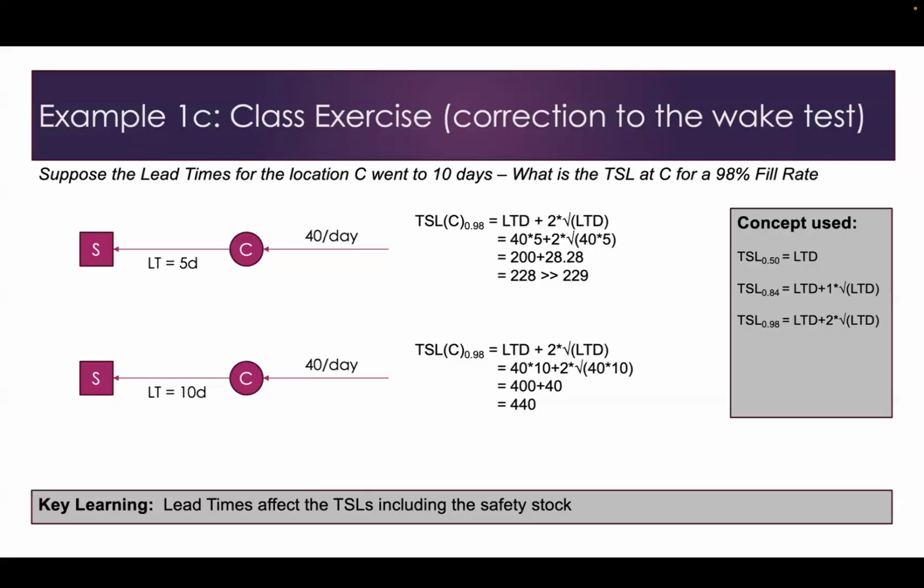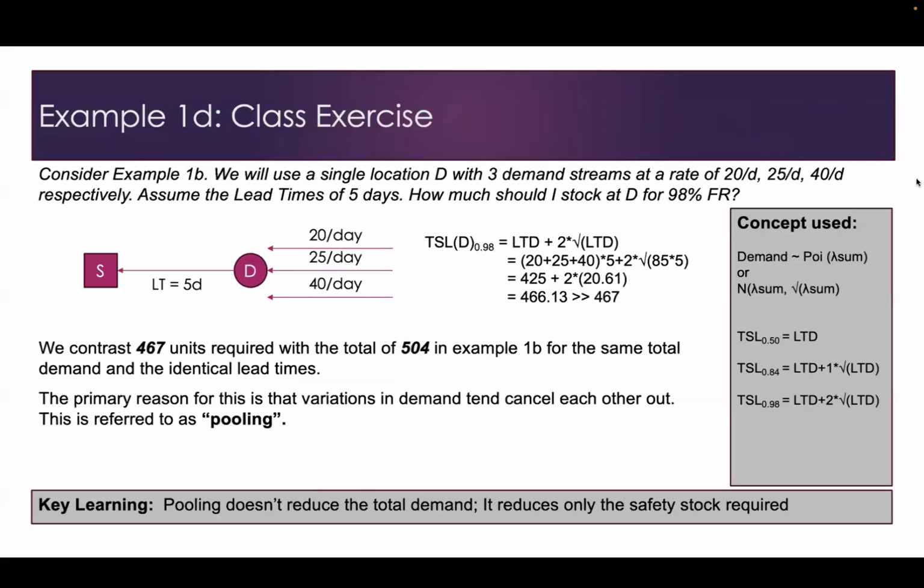Okay. I know people are saying, hey, I didn't get up early in the morning to get some basic math here. Let's make things a little more interesting. Looking at this slide, I take exactly the same demands: 20 per day, 25 per day, and 40 per day. We'll consolidate it into one warehouse, one location supplying the whole thing. Lead time is exactly the same, 5 days.